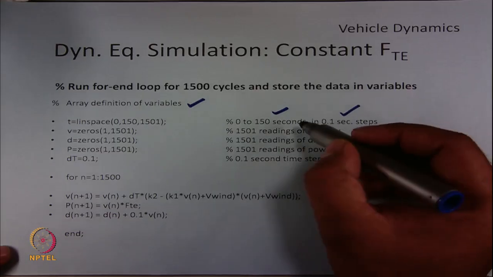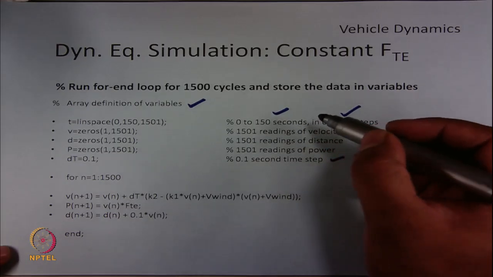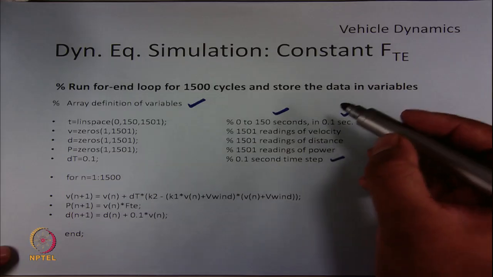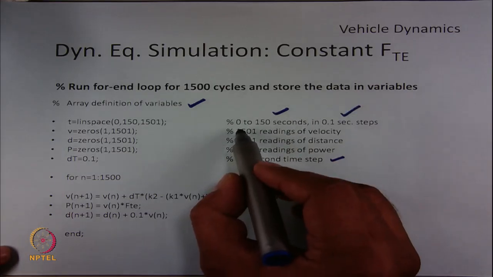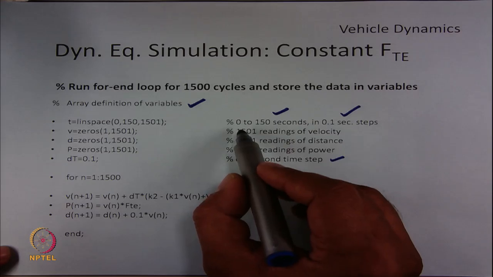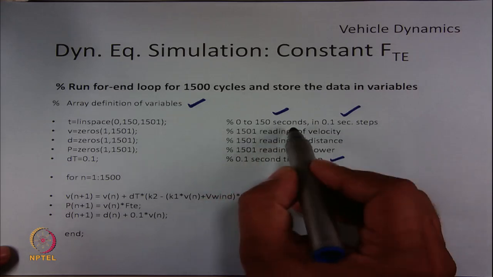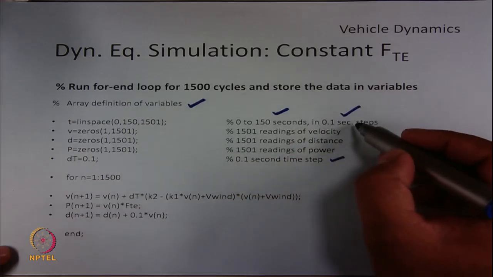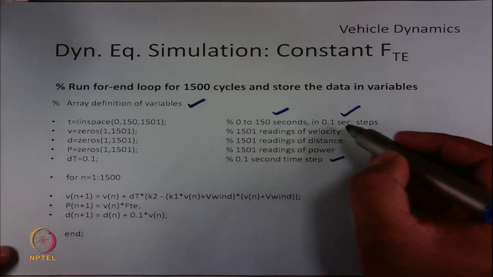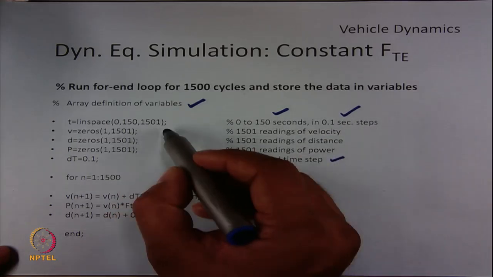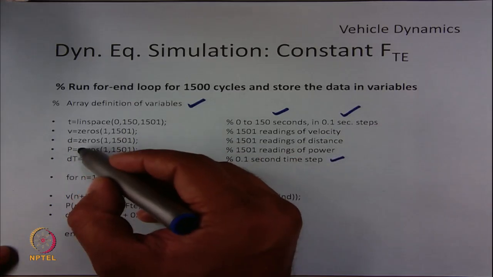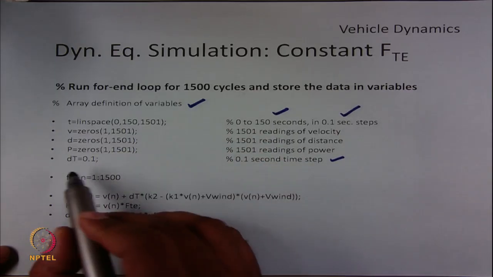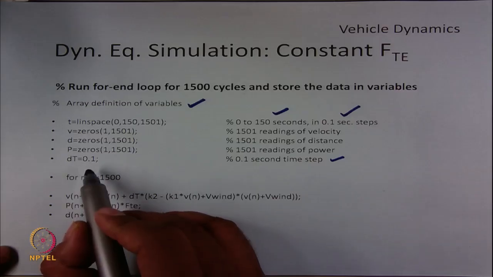So, since we are having a TF equal to 118 seconds, let us take a total time for simulation of 150 seconds in a time step of 0.1 seconds. So, if we do so, we need 1500 values to be stored for each of these variables. So, first we have to define that, and dt is 0.1 seconds.